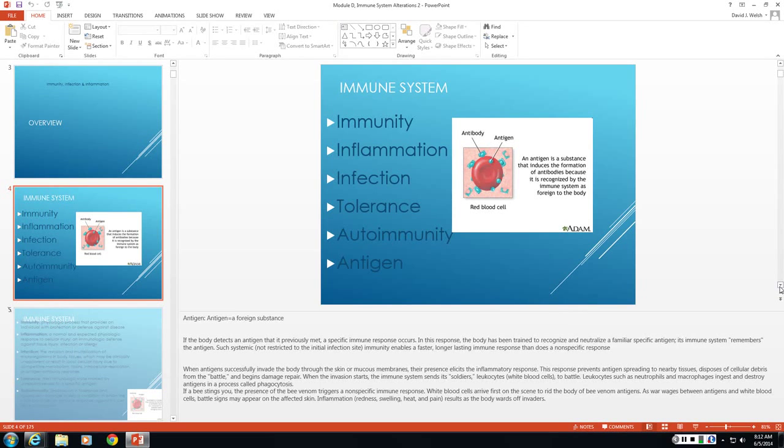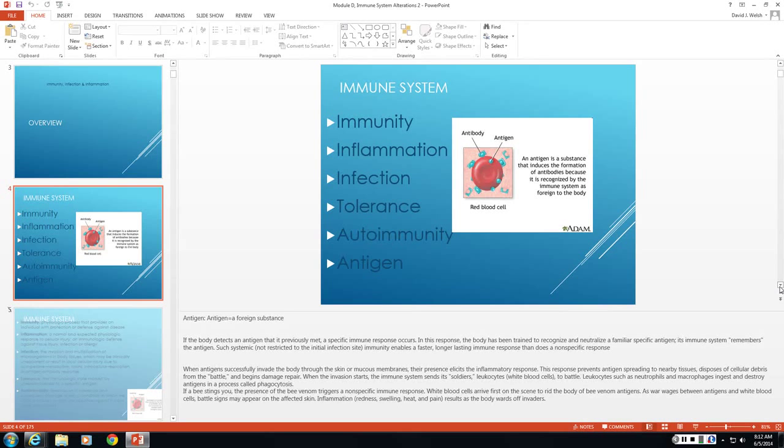Now, if the body detects an antigen that it has previously met, a specific immune response occurs. In this response, the body has been trained to recognize and neutralize the familiar specific antigen. Its immune system remembers the antigen.